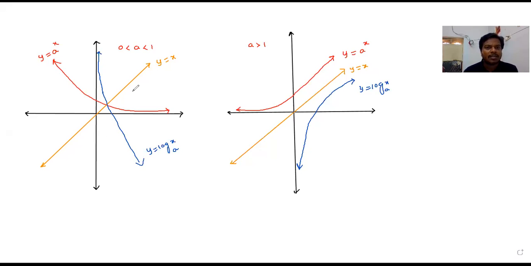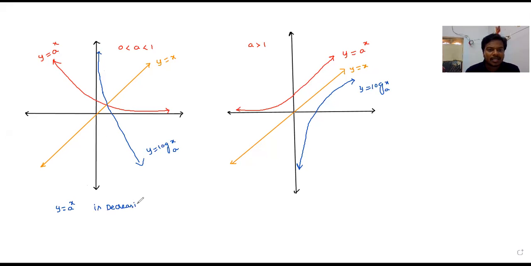See here the graphs of y equal to a power x and y equal to log x base a when the base value is between 0 to 1. Clearly, in this case, the y equal to a power x graph is a decreasing graph, right?